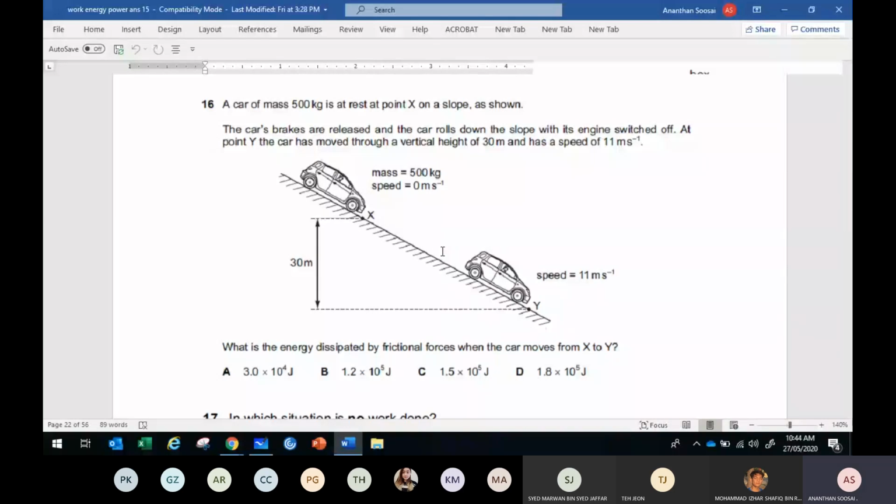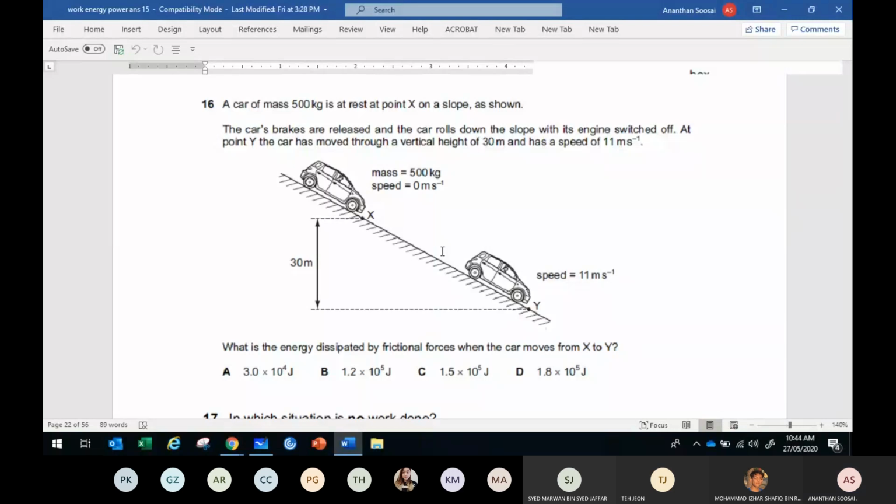So the car got thrust or not? The car's brakes are released. So all of you got B. The car brakes are released and the car rolls down the slope with its engine switched off.